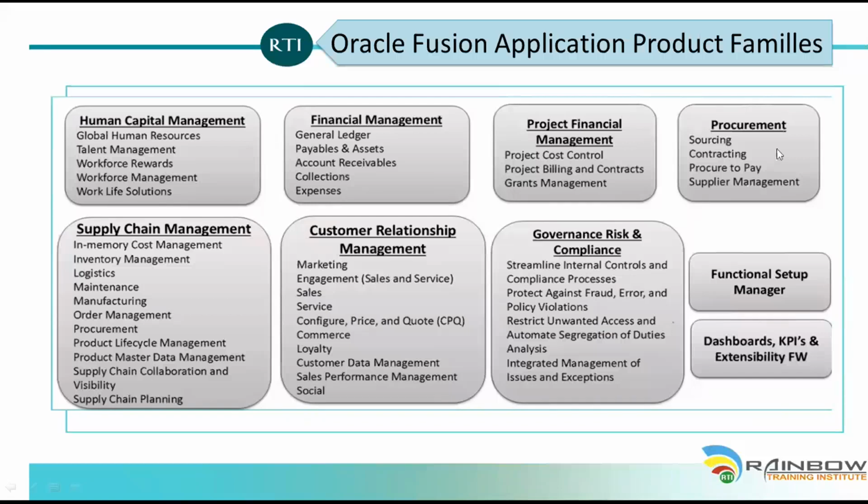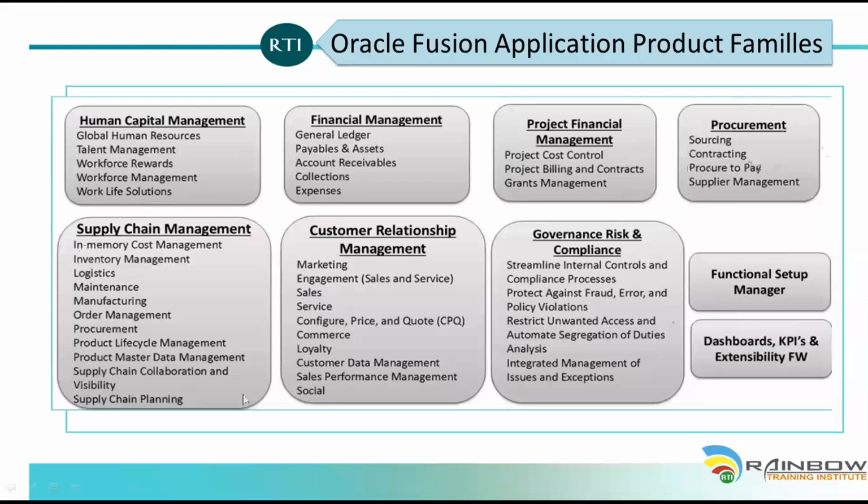In E-Business Suite, procurement and SCM together are a single license. But coming to the Fusion application, your procurement offering is separate and your SCM offering is separate. Under procurement, we have purchasing, sourcing, contract, supplier portal, and supplier qualification. All these things come with your procurement.